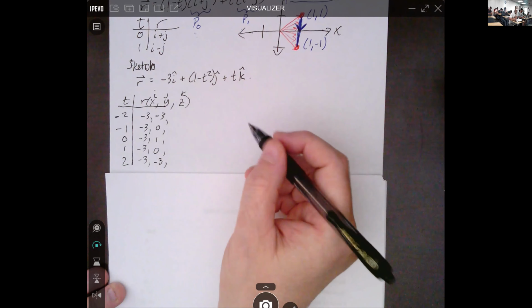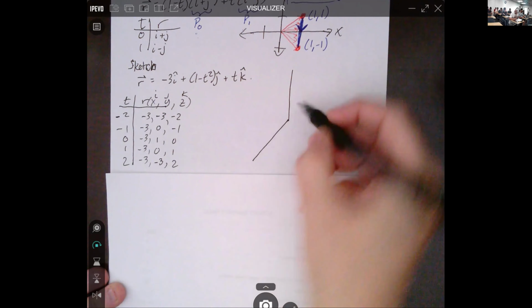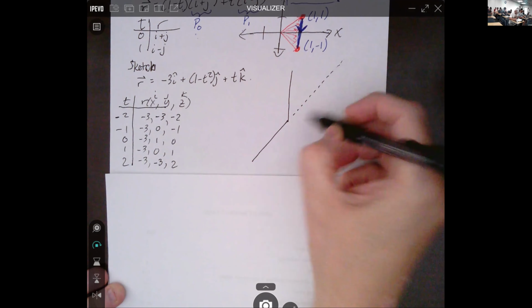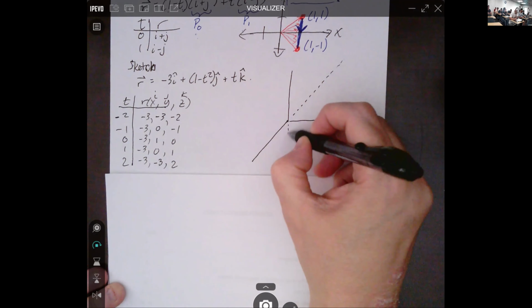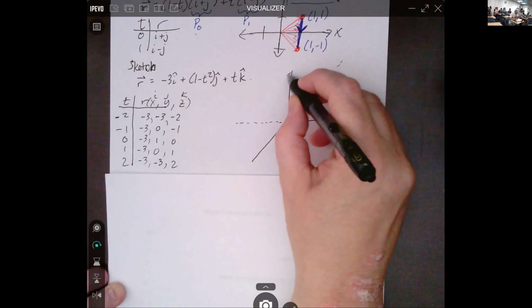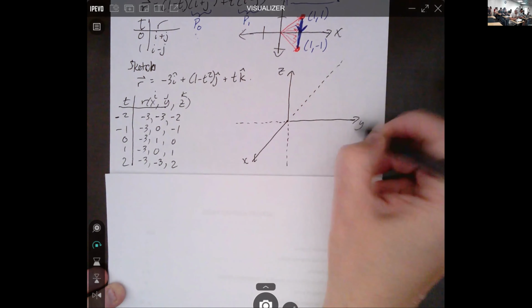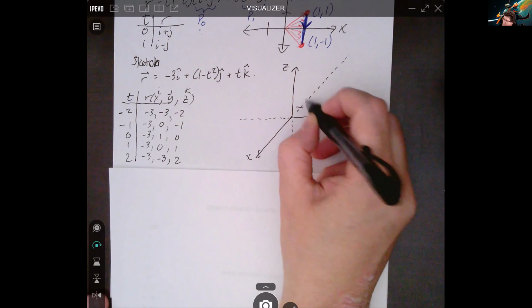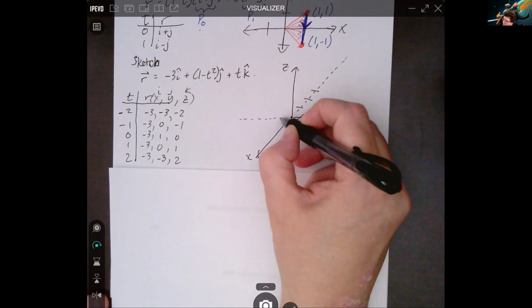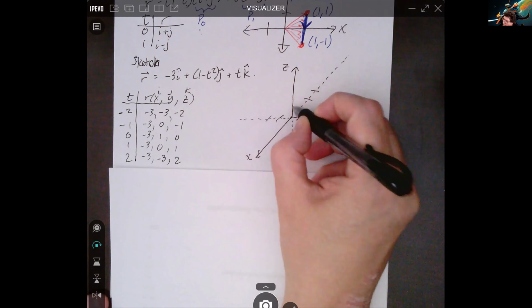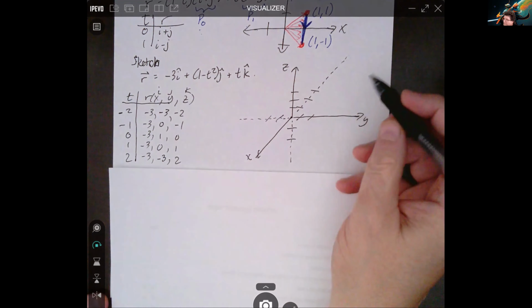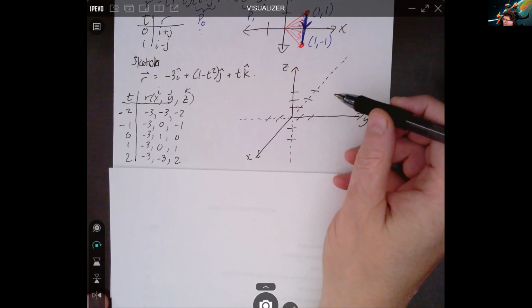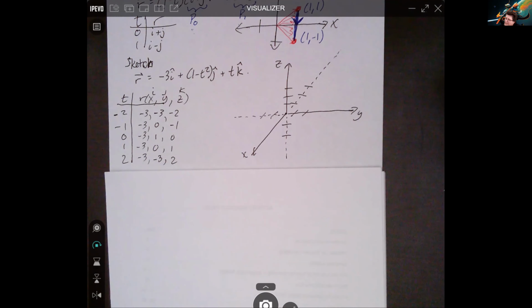So I just made a little table. Okay, so I think the easiest way for me to sketch this is I'm going to sketch the yz and then shift by the x component.